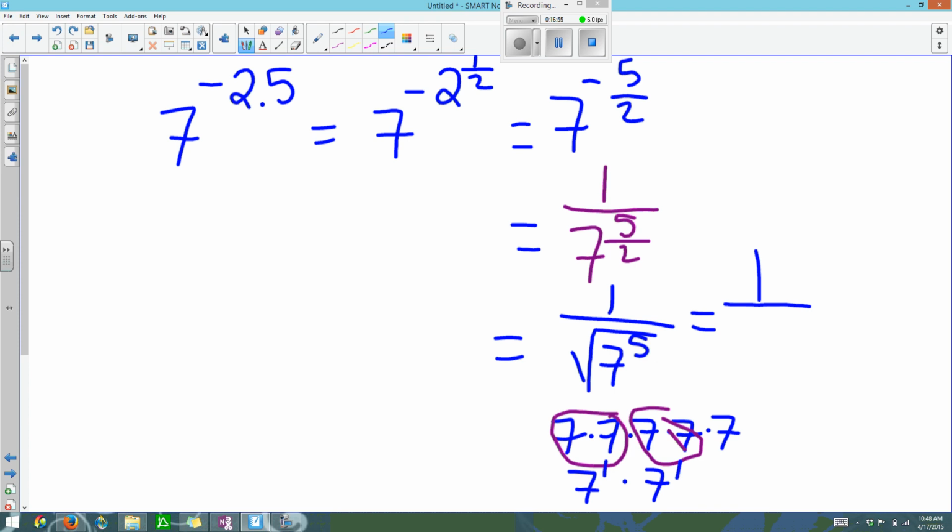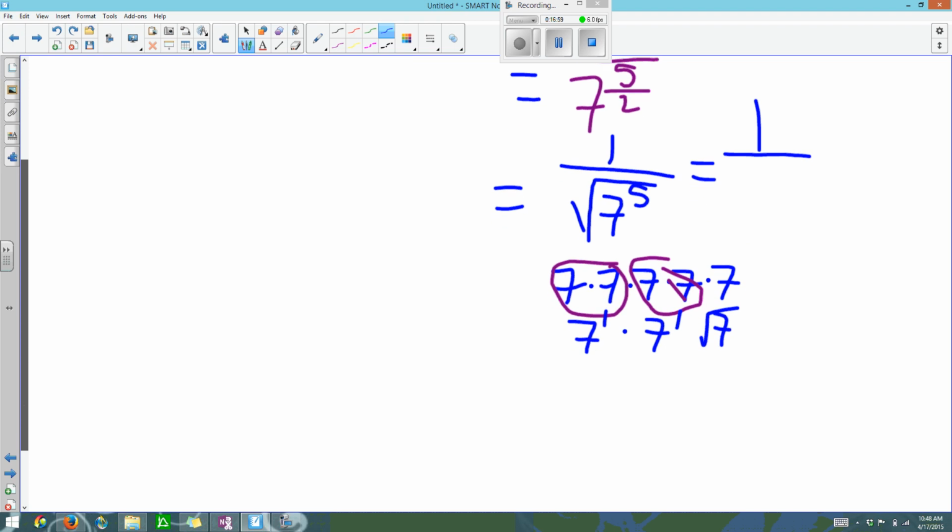Okay, right? And I'm just going to bring down my screen a little bit. So this will be 7 squared times the square root of 7, because we have 1 7 left inside the radical. Everyone see that? We have 1 7 left inside the radical, so that's this. And now I'll have 49 square root of 7.